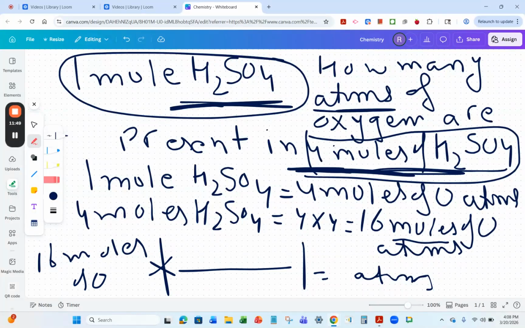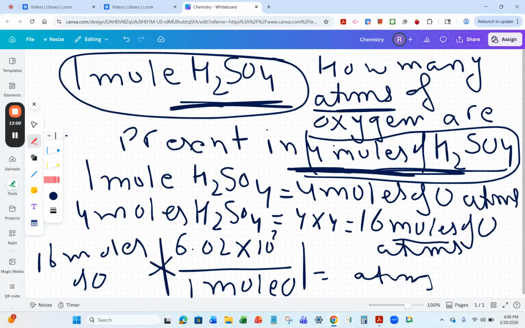I hope you understand what I'm doing. You want to cancel the moles, put 1 mole of oxygen atoms at the bottom and change into the number of atoms: 6.02 times 10 to the power 23 oxygen atoms. Moles cancel. The rest you just need to multiply and you will be fine.